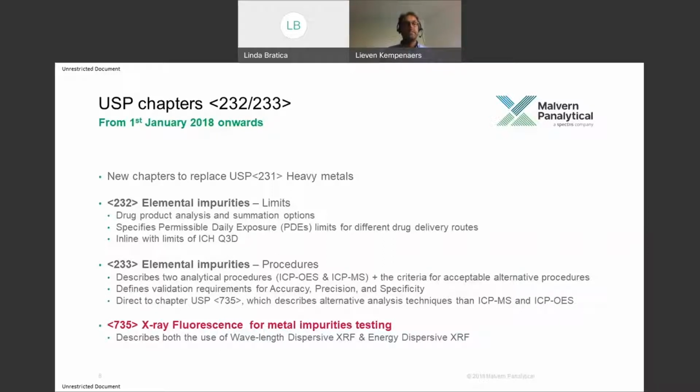That chapter describes the methods and the instruments that can be used for this testing, with both wavelength dispersive XRF and also energy dispersive XRF. So the two methods within the XRF technology. So those are the three, let's say, new chapters since 2018 for elemental impurities.